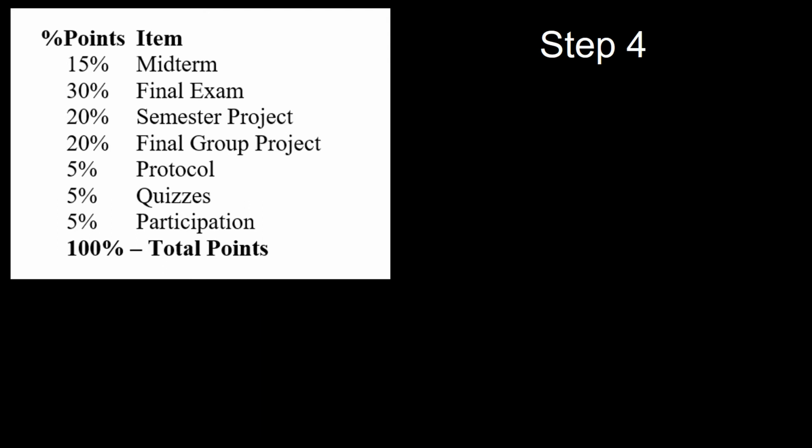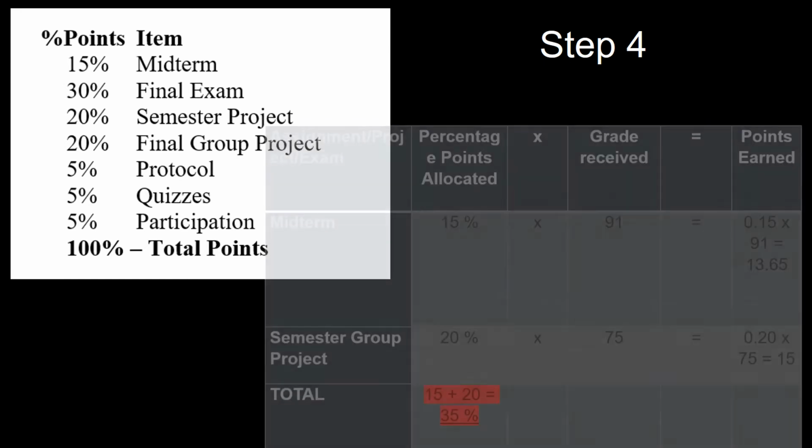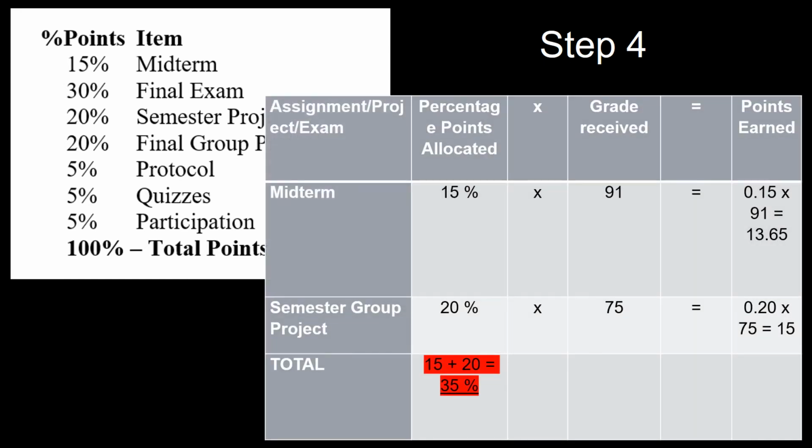Okay, now that we have step 3 completed, let's move on to step number 4. In step number 4, you are calculating the points that you have earned for those specific assignments so far.